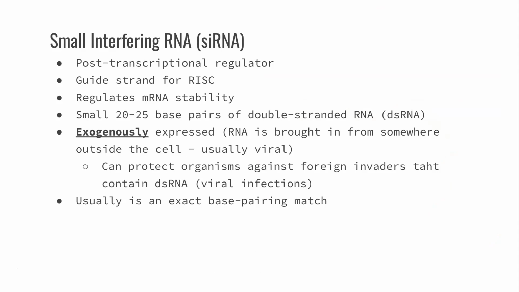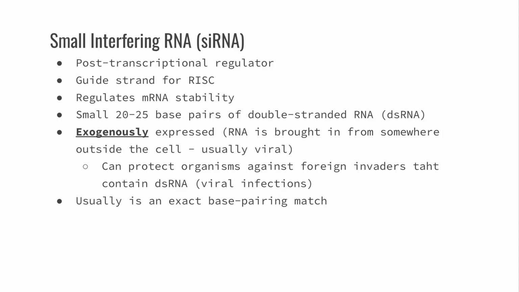Okay, and then we have small interfering RNA, or siRNA, which is exogenously expressed, which means it's usually brought in from somewhere outside the cell, such as from a virus. It is also a post-transcriptional regulator, similar to miRNA, also a guide strand for RISC, also regulates mRNA stability and degradation, and it's usually a small 20 to 25 base pair double-stranded RNA.